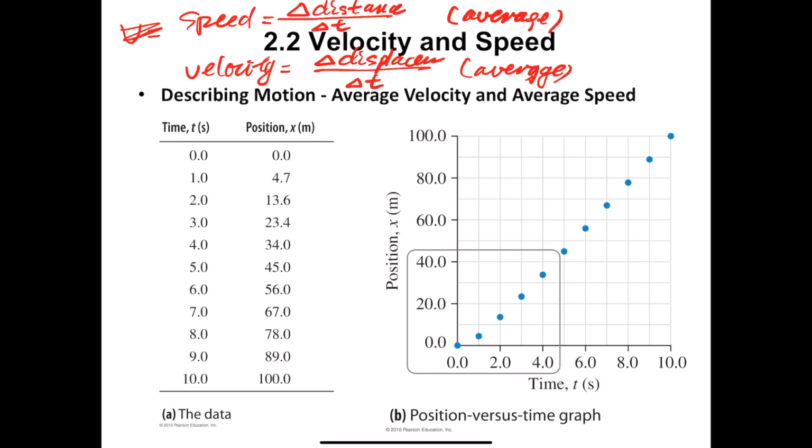Now look at this table. If you look at the motion of a runner, at time 0, position 0; at 1 second, 4.5. So all you need to do is plot the position versus time. From here, you can get the average speed. How will you do it?